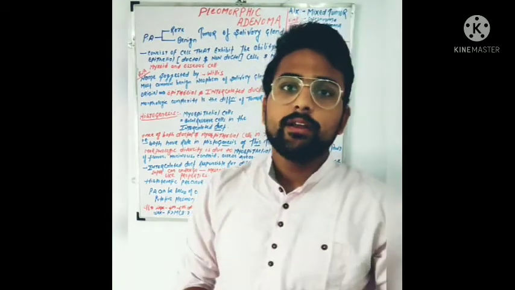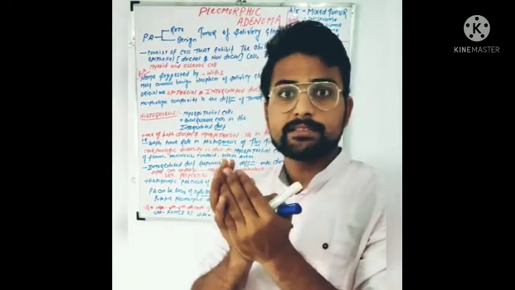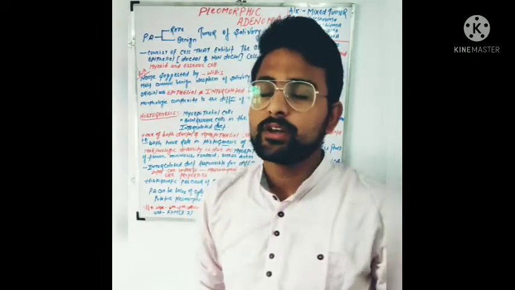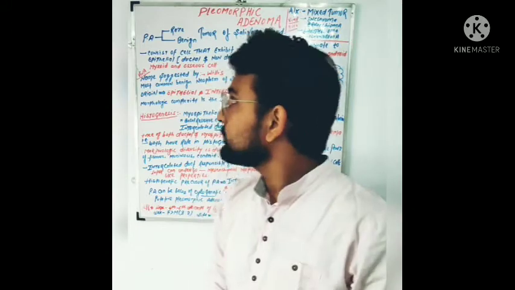Because when you see it in the histopathology, you will see there is a cartilaginous portion in this tumor, and also an osseous portion, so this tumor is also called Enchondroma.